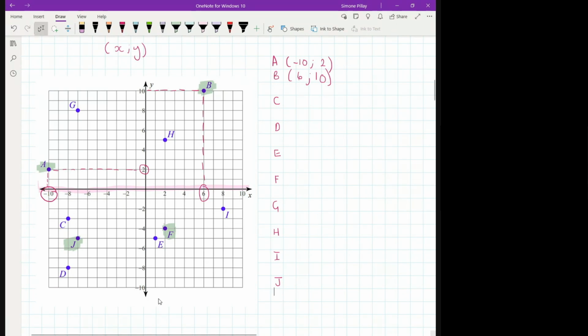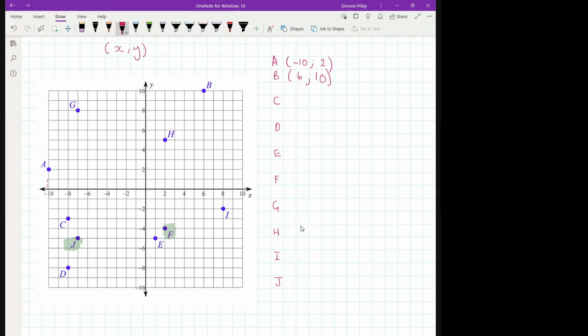I think I just had a hand. No. Okay, cool. So that is now coordinate point B.